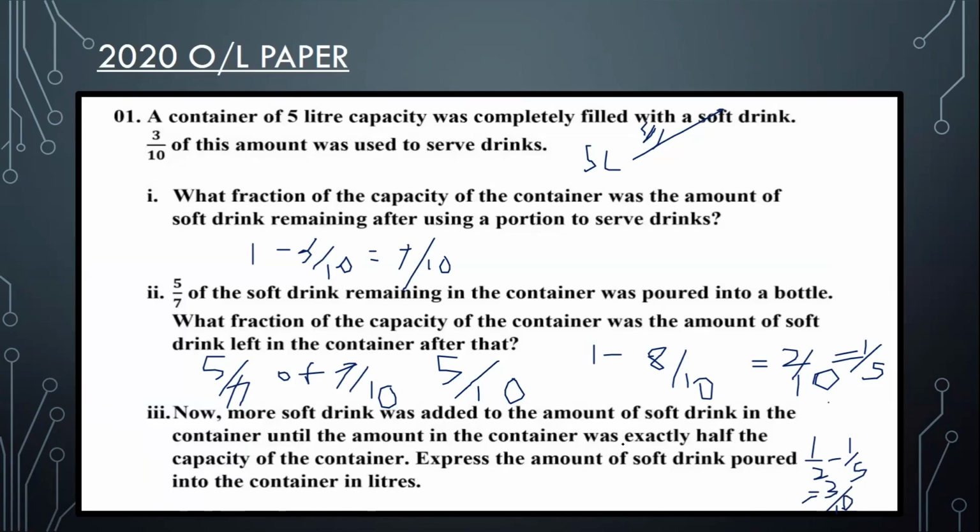So the total capacity is 5 liters. So you have to add 3 by 10. So the answer is 3 over 10 into 5 liters. You can simplify 1, and then here 2.